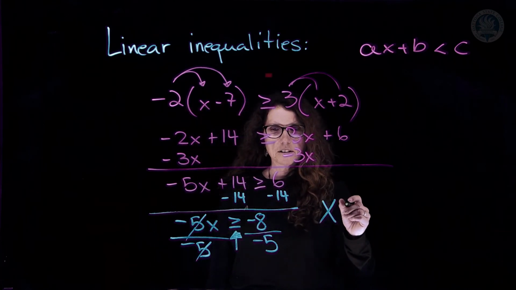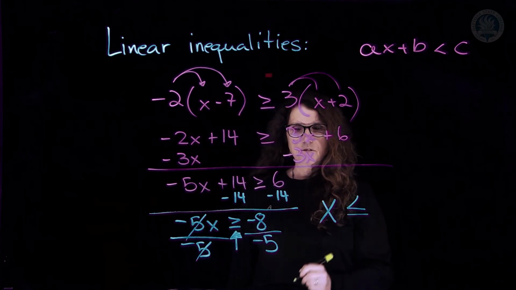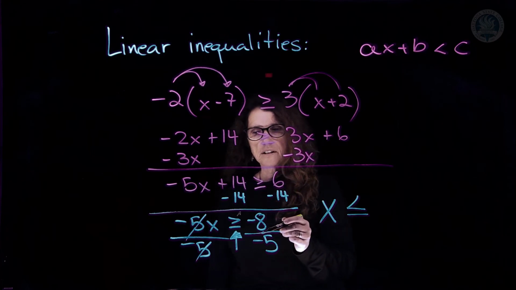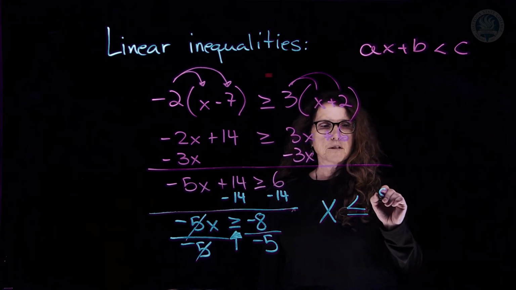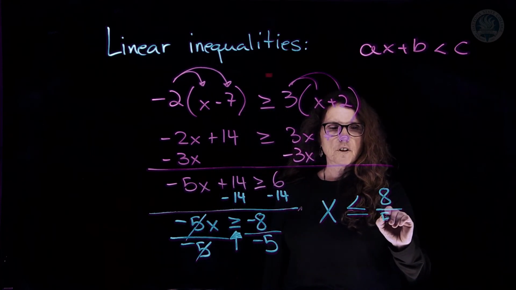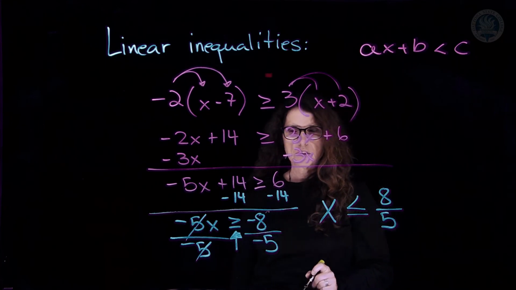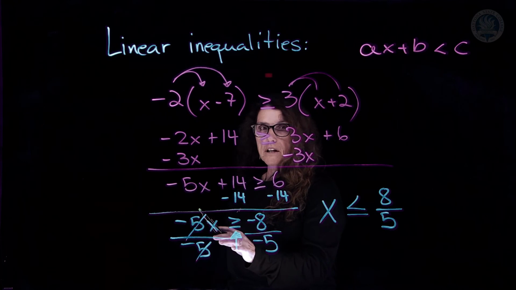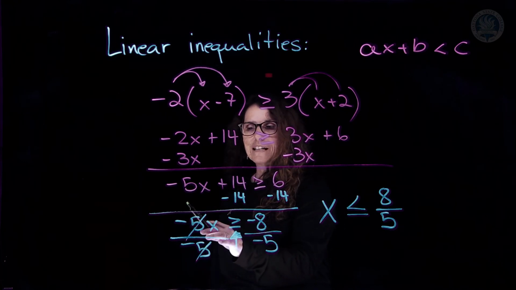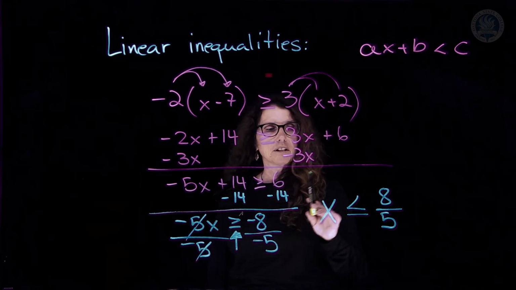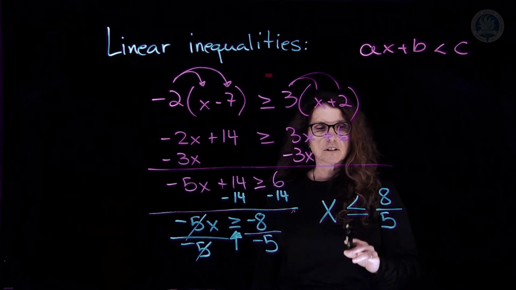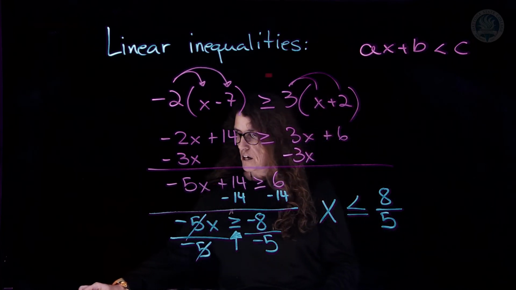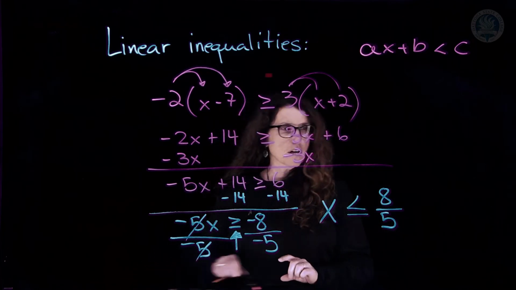Do not forget that. Is less than or equal to negative divided by negative, let's keep it positive, 8/5. Leave it as a fraction. So again, if you're dividing or multiplying, for that matter, an inequality by a negative number, you have to reverse the inequality symbol.